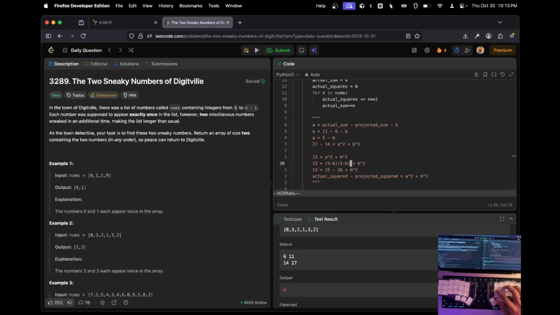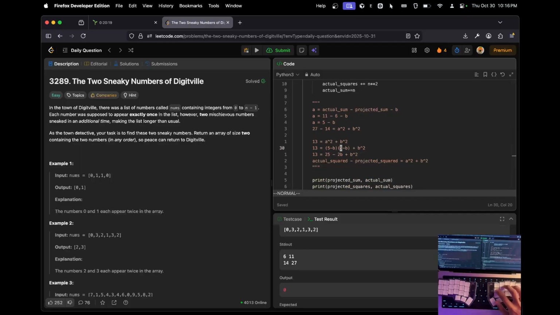Right. Wait, am I tripping? Where did I get the 2B from? Oh, that's a 10B. Hold up. 25 minus 5B minus 5B plus B squared.